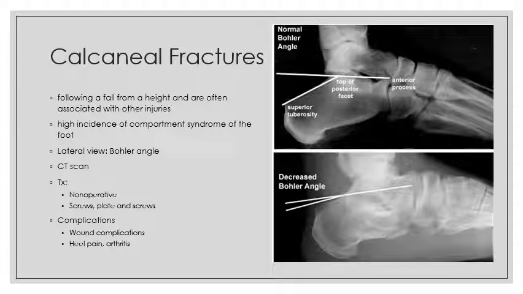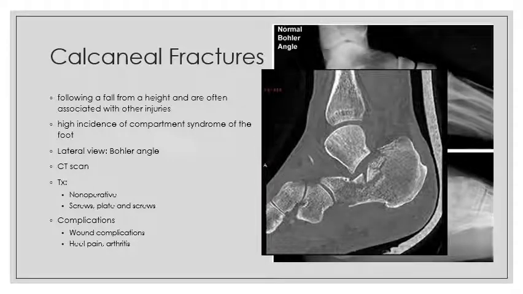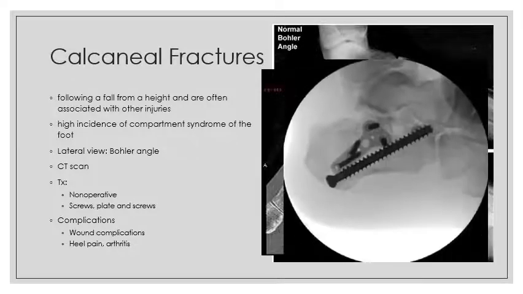Treatment basically is like this. You can see the small fragments. If it's non-displaced, non-articular, you can do casting. And if you opt to do an operation, you do screws, or a combination of plate and screws.